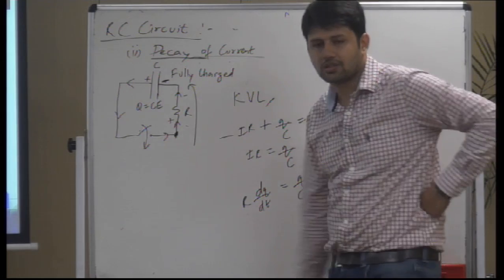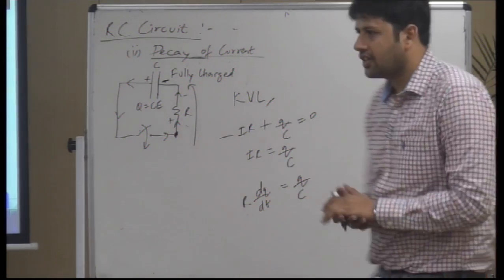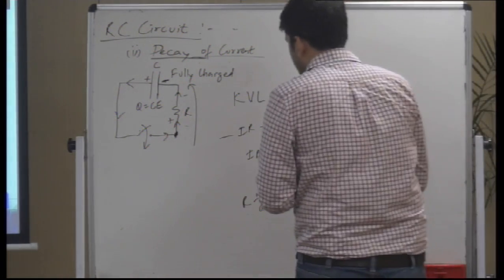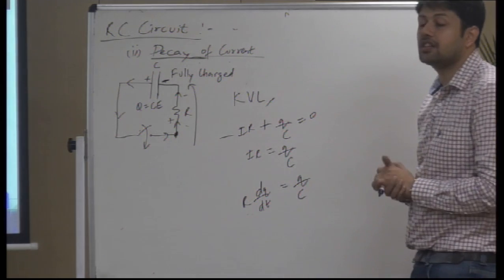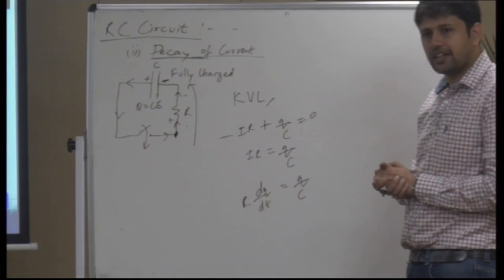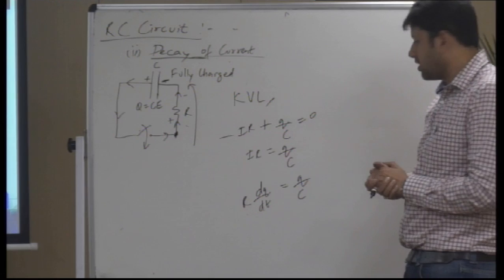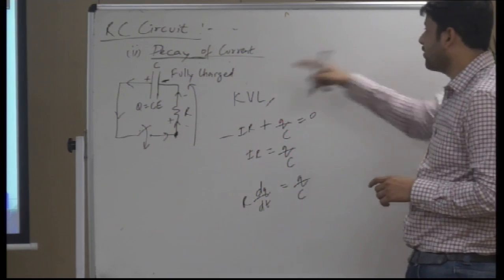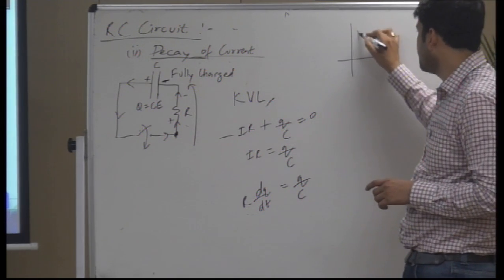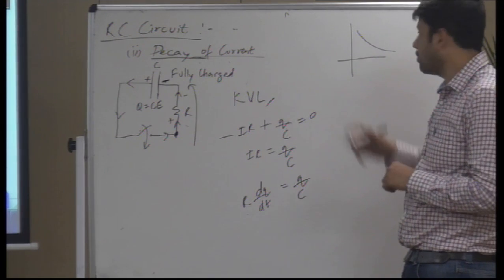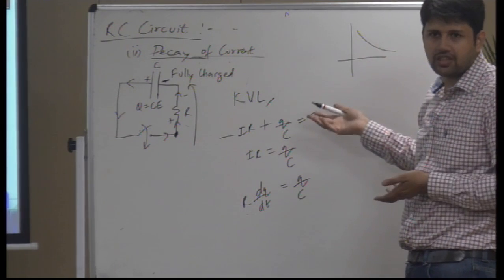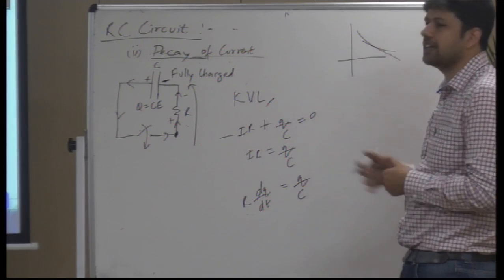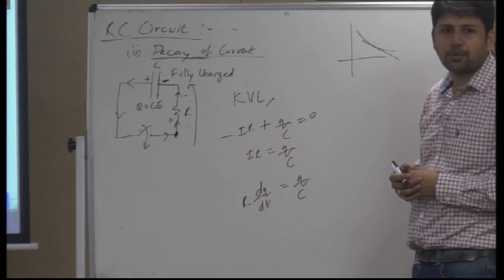No, there is something wrong. The point here is, charge is decreasing. Current is a positive quantity, right? dQ by dt, if you draw the graph, charge would be reducing. So dQ by dt is the slope of this curve. The slope of this curve is negative, but current is a positive quantity.